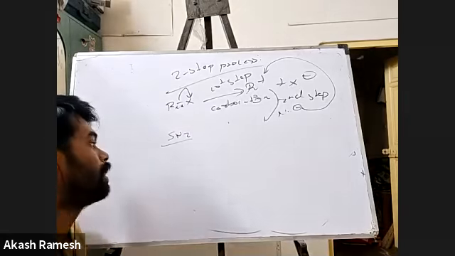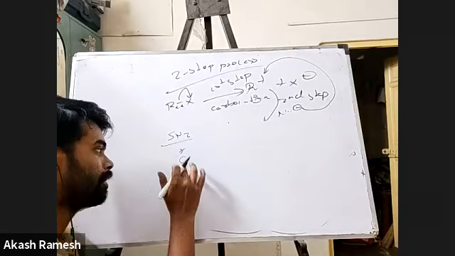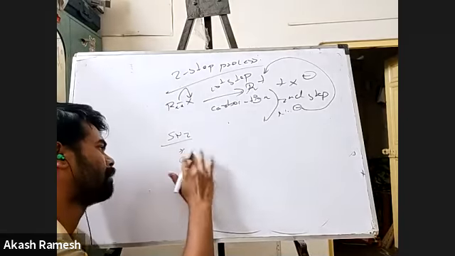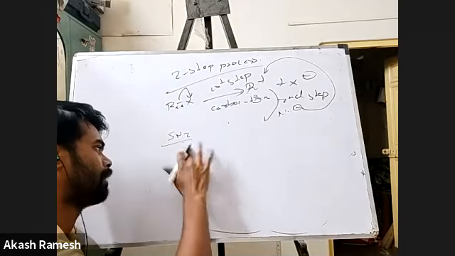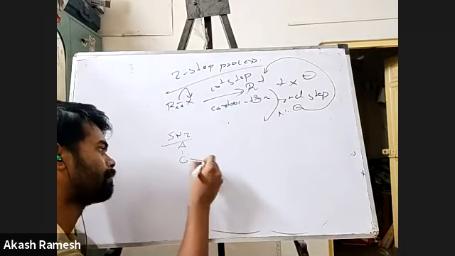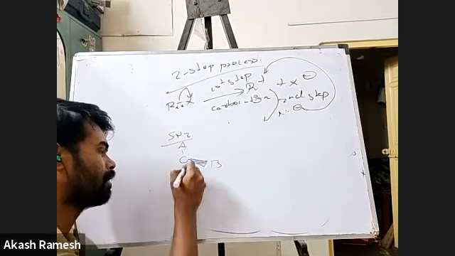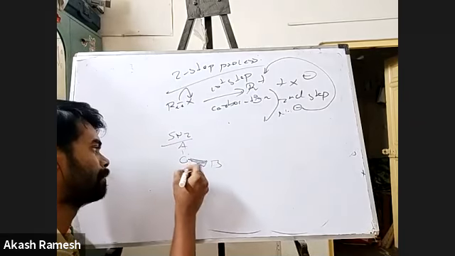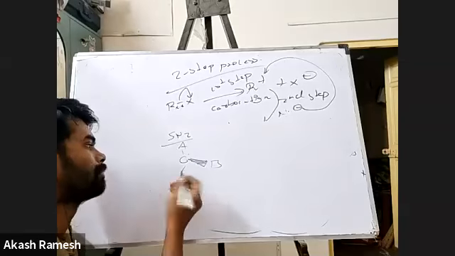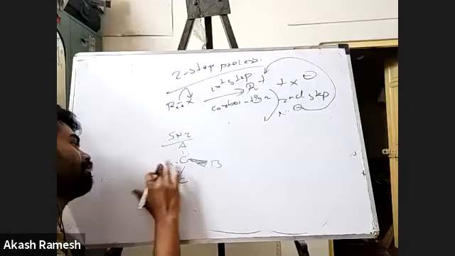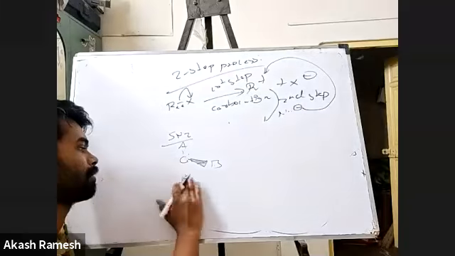So if I have a chiral center, which is marked by a star, say I have some A, some B, and some C.